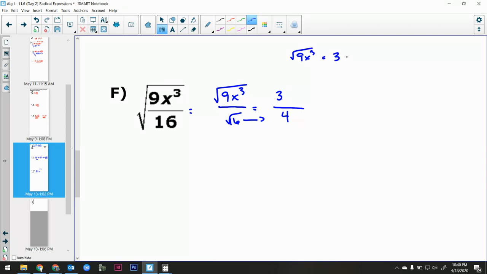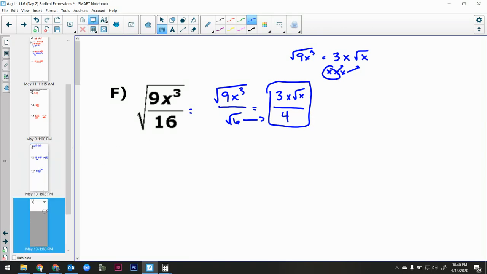And then I've got 3 x's, right? So that's an x coming out and an x staying in, because there would be 3 x's total. Buddy up 1, that's the one that comes out. This is the one that stays in. So this turns into 3x, radical 3, radical x, all over 4. There's my answer there.